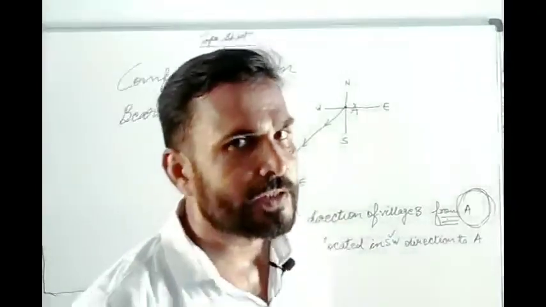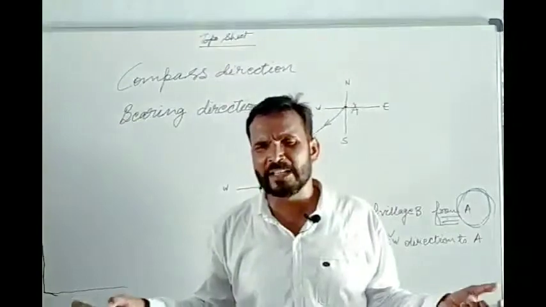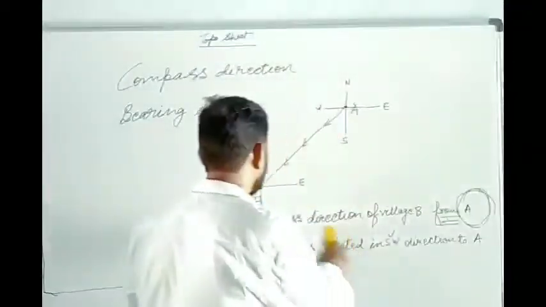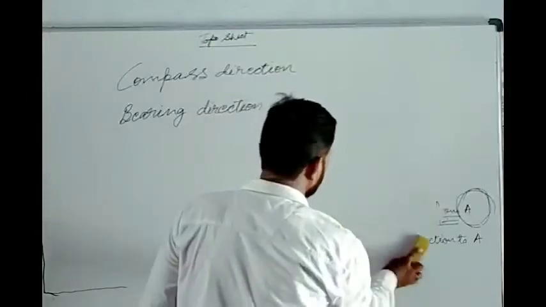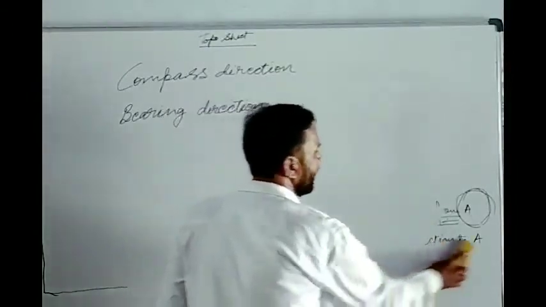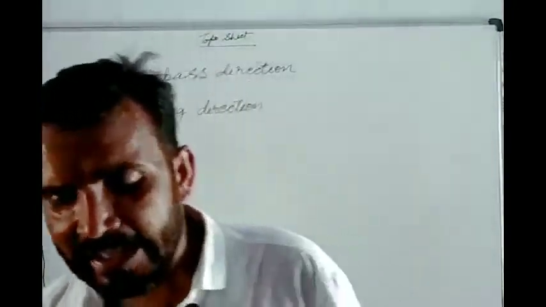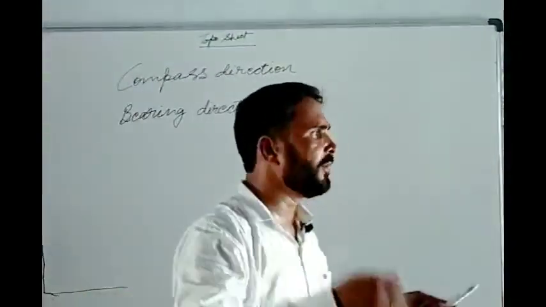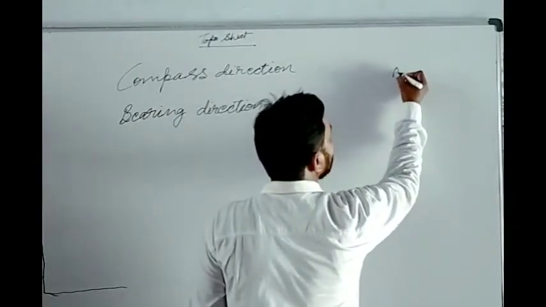So this is direction. The first one was compass direction. I think there is not too much explanation needed for compass direction. Come to the other point, that is the bearing direction. This is a little bit difficult. I will take an example, and from the example we will do it. Suppose here village A is given.